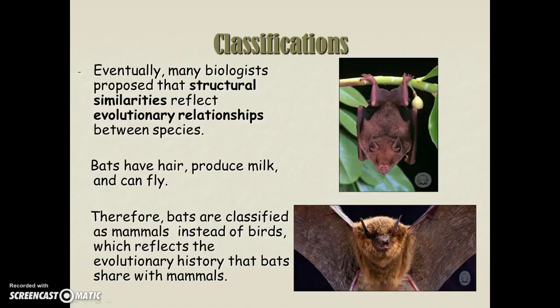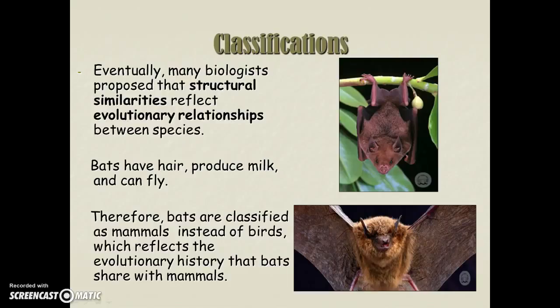Here's an example of just one of the many ways that classification has helped in grouping organisms. For example, bats have the ability to fly. They were once thought to be in a group with birds, because birds have the ability to fly. However, looking at structural similarities and evolutionary relationships, that's what classification does.